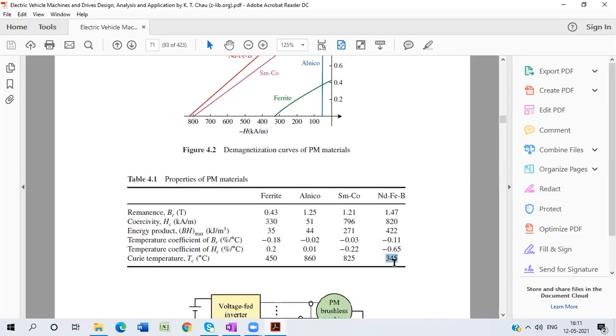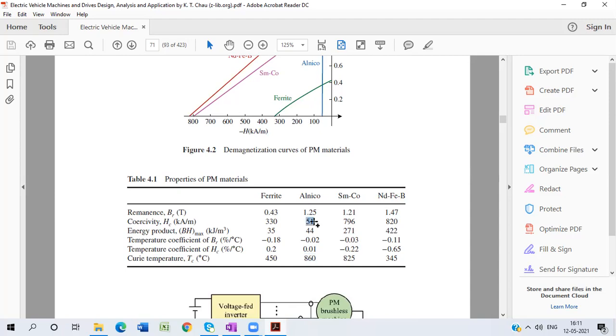If it is asked which of these permanent magnetic materials can be used for higher temperature applications, you have to know that alnico is used for higher temperature applications. But the drawback is that the corrosion resistance of alnico is less.